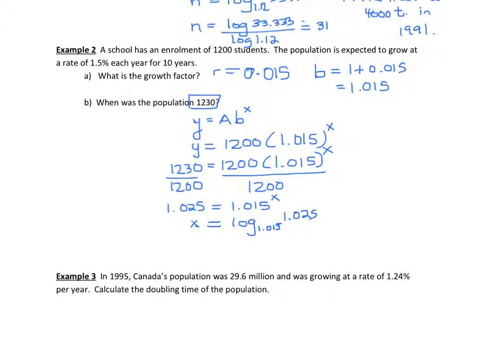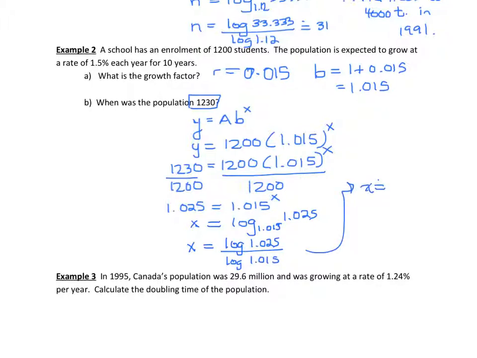So log 1.025 base 1.015. Use your change of base formula. So this would be the same as log 1.025 divided by log 1.015.